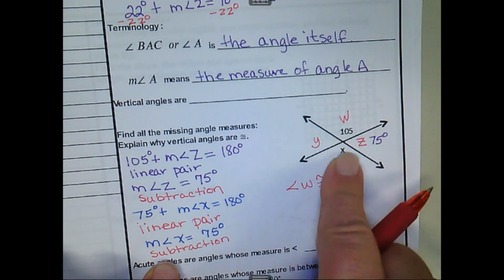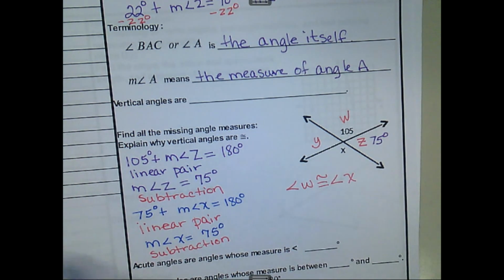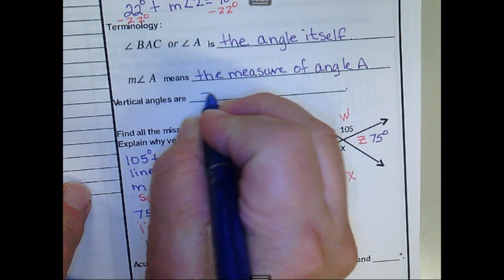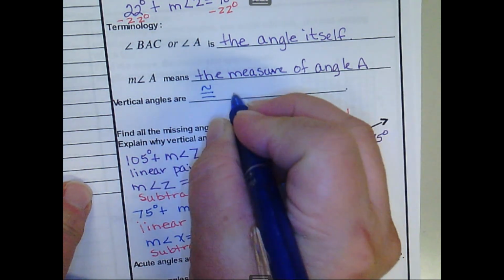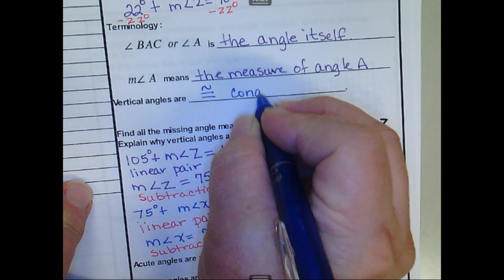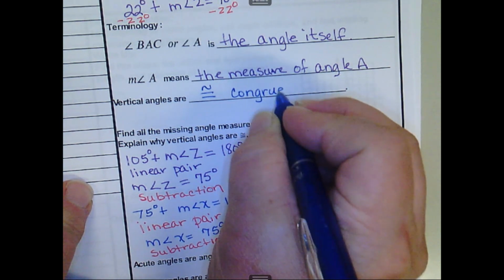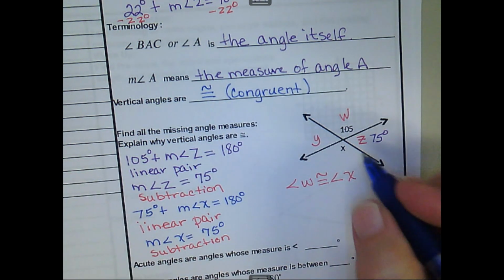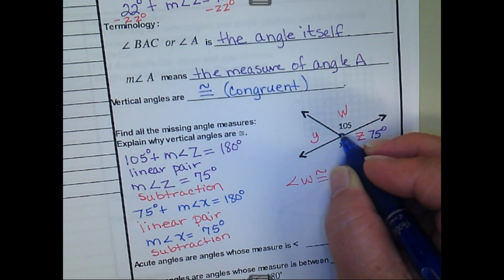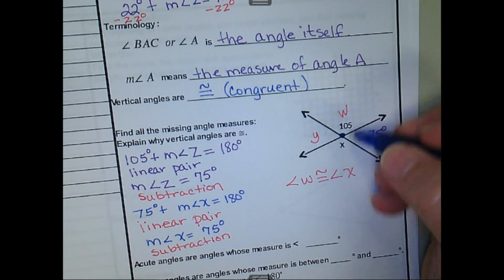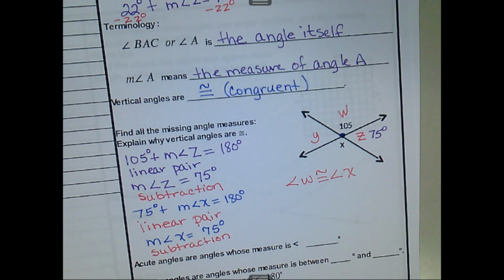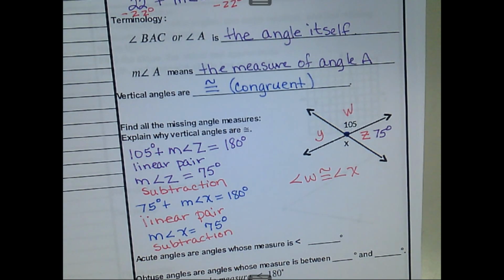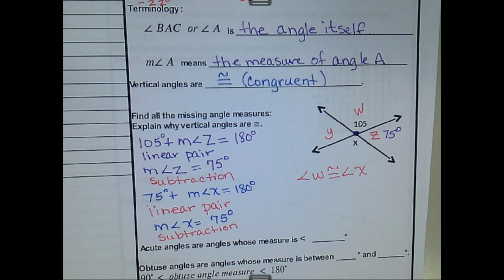They're also vertical angles. Vertical angles are congruent. And vertical angles are the ones that are on opposite sides of intersecting lines. Any questions?